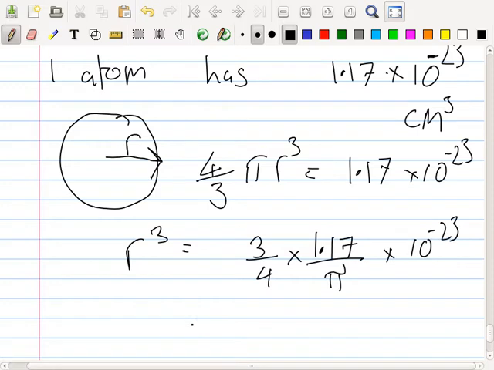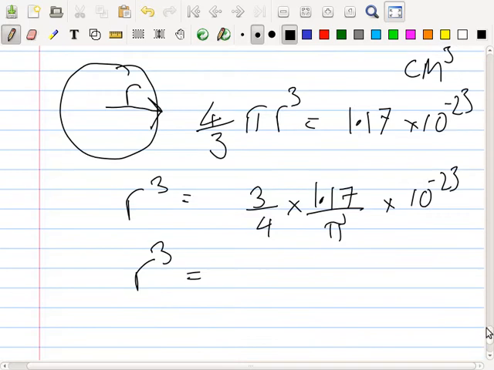Can you calculate, please? It should be about 0.25. Hang on a second, just be careful here, okay? 10 to the minus 22? Why cube? Because centimeter cubed? That's the formula for volume of a sphere.